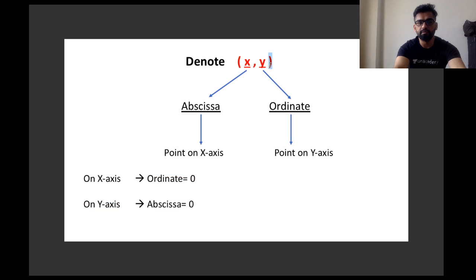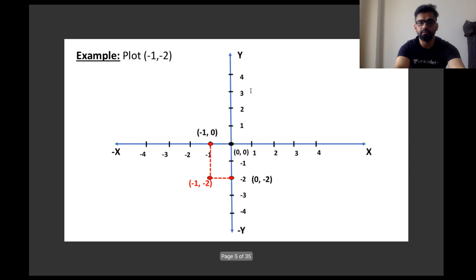So a coordinate is represented as x comma y, where x is the abscissa and y is the ordinate, the point on the y-axis. For example, let's plot minus 1 comma minus 2. You first plot minus 1 on the x-axis, that is, abscissa is minus 1 and ordinate is 0. Then you plot 0 comma minus 2, where the ordinate is minus 2 and abscissa is 0.